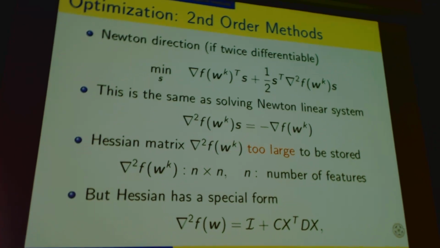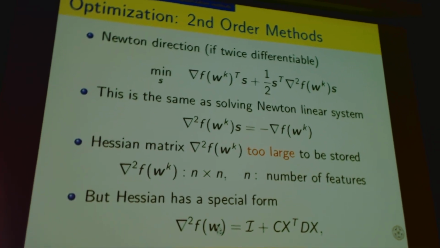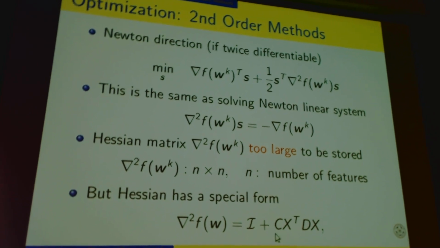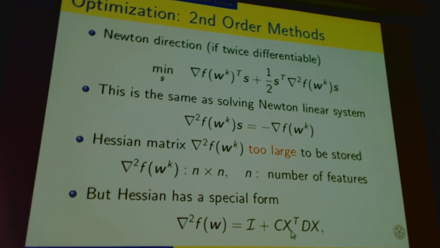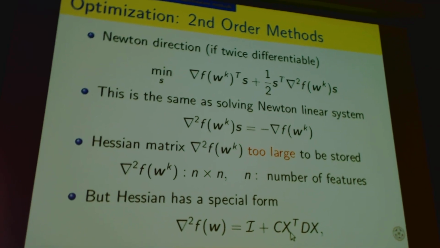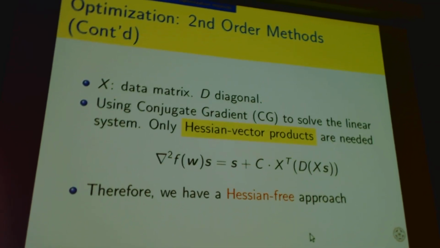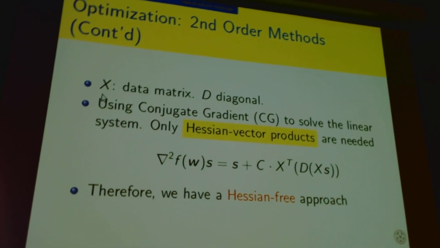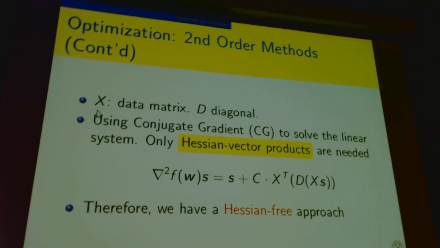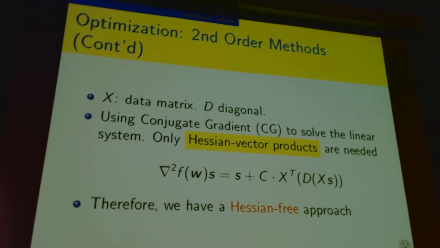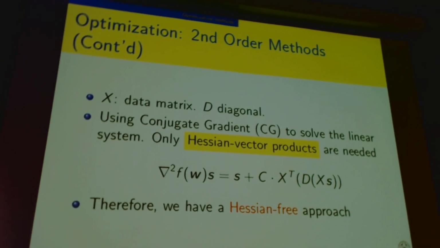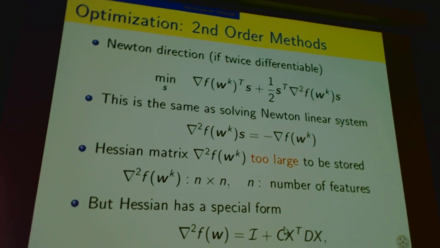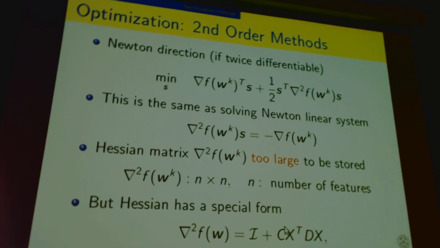It is the identity matrix plus the regularization parameter C times X transpose times the diagonal matrix D times the data matrix X. Here X is simply the collection of all the training data, so I call it the data matrix. And D is a diagonal matrix.